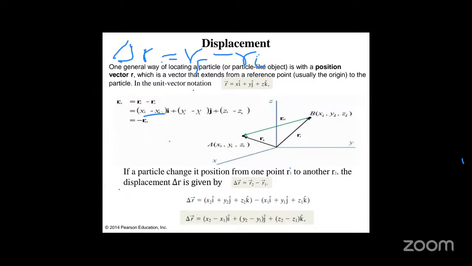So that is how to use a position vector method to find displacement.